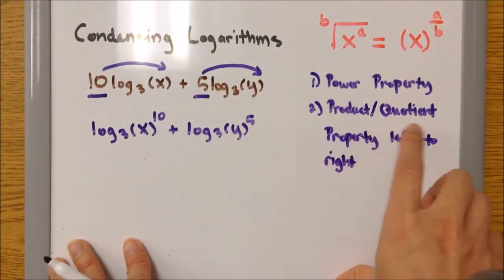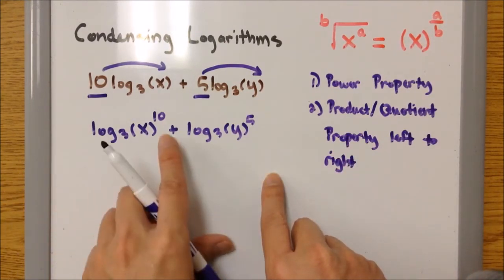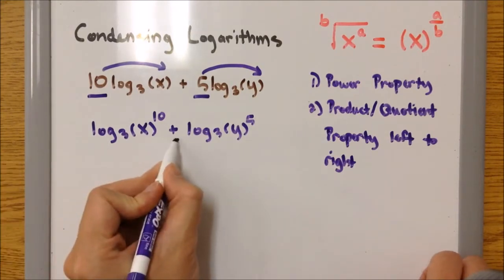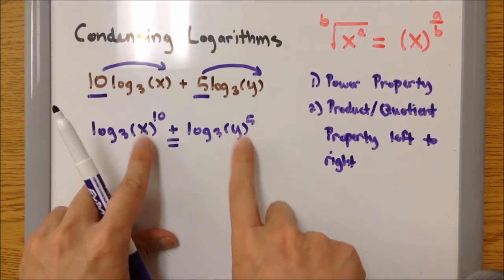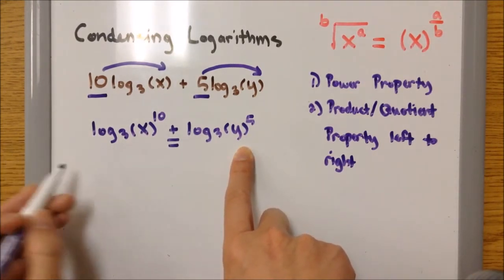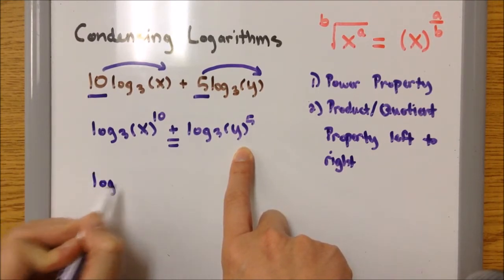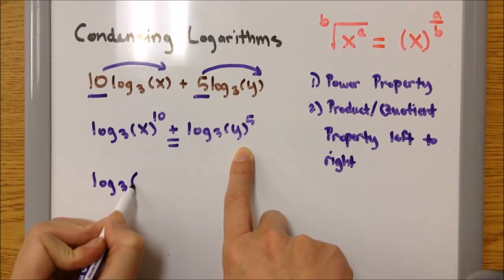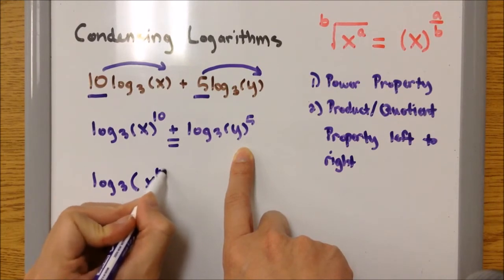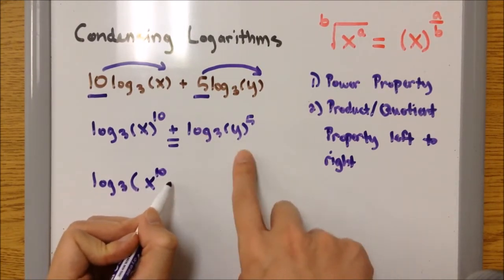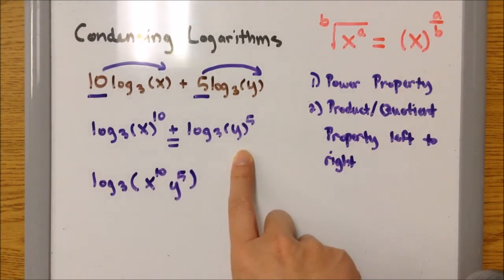Now we're going to do product or quotient property from left to right. So as I look from left to right, I only see one operation, which is the plus. So that means we're going to use the product property. When it's plus, that means we're going to multiply these two. So using the product property, we can just write it as 1 log base 3 of, now since it's just x by itself, I can just write x to the 10th power times, since y is by itself, I can just write y to the 5th power, and there we go.